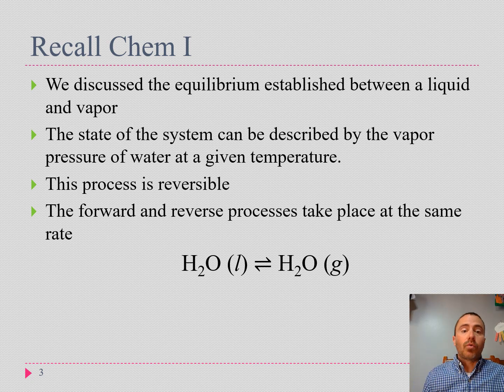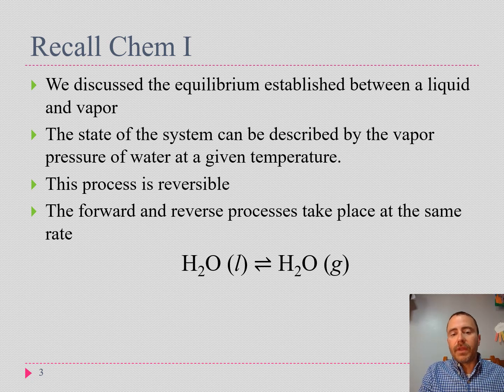However, what is happening is that some of that liquid is evaporating. But at the exact same time, some of the vapor that was up there is condensing back into the liquid phase. And they're happening at the exact same rate. And so we say that this reaction is reversible.